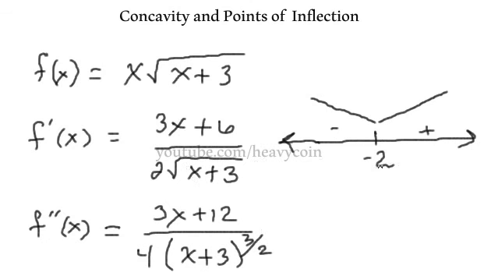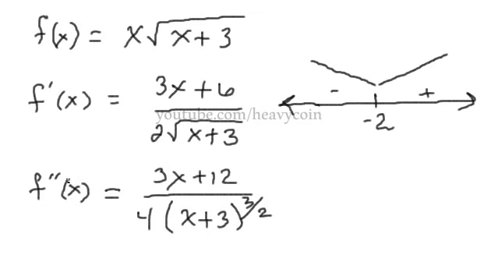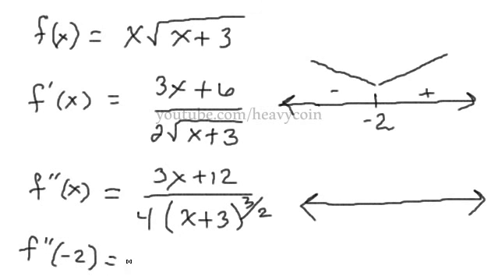And so what we're going to do is take this negative 2 here and plug that into the second derivative to determine if it's negative or positive. I'll just draw a number line here. So we plug negative 2 in, f double prime of negative 2.